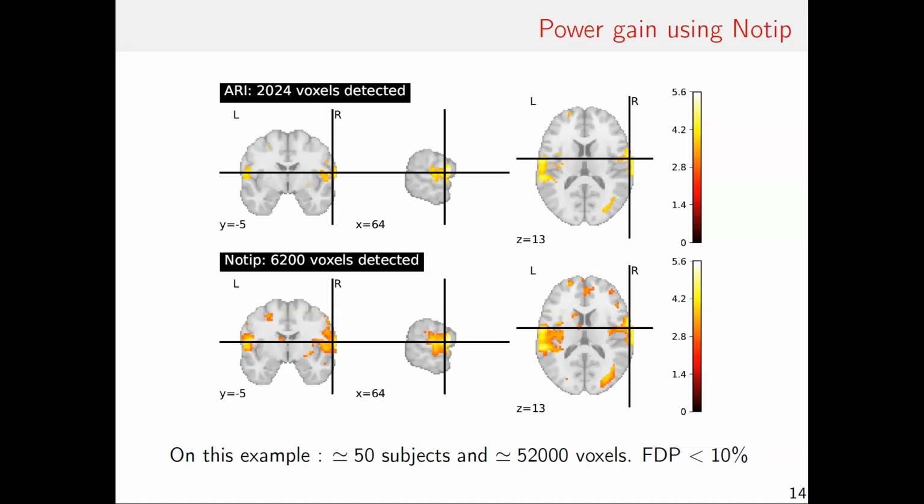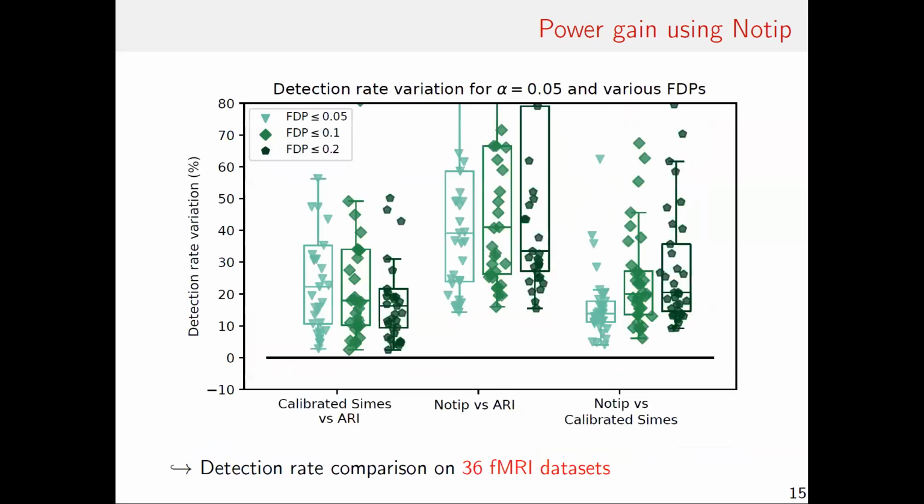We've performed extensive experiments in the paper, and I want to show you one of them. To show you that we have not cherry-picked a single data set on which we saw some power benefits, we've performed this comparison on 36 real fMRI datasets we fetched from NeuroVault. The comparison that you see on the slide is done in different settings, so we are looking for different FDP guarantees.